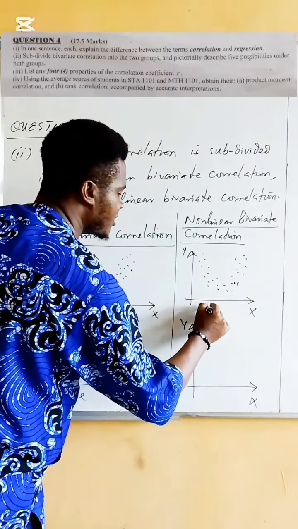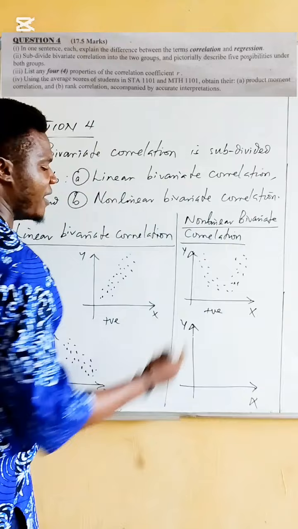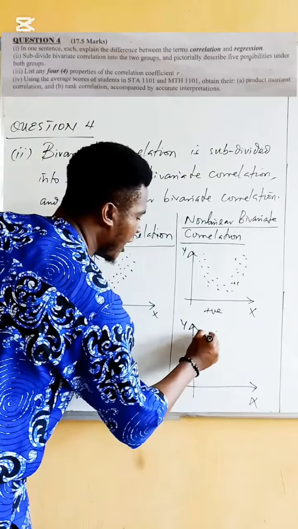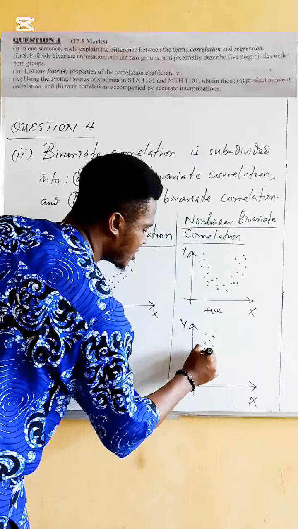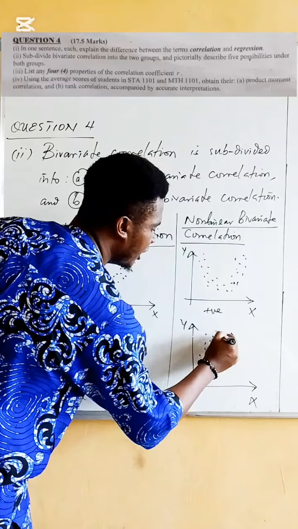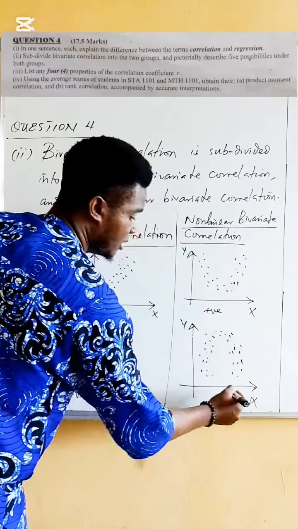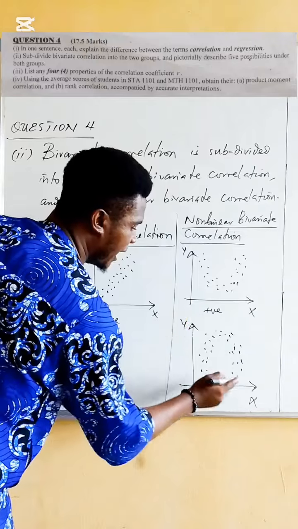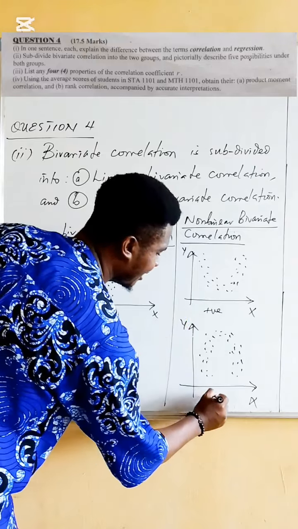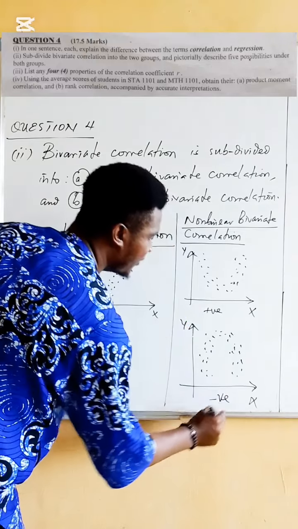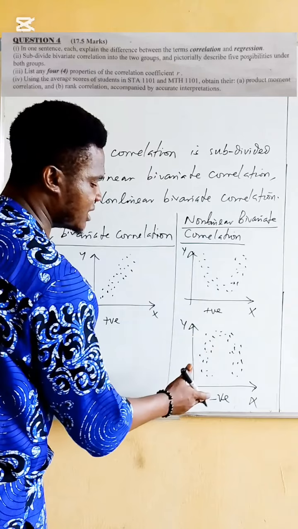In this case, we say there is a positive nonlinear bivariate correlation. And if the reverse is the case, that you have a concave curve-like pattern, then we say that the correlation between Y and X is a nonlinear bivariate correlation that is negative.